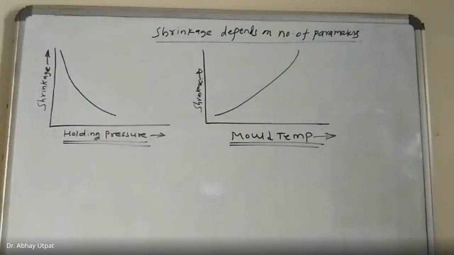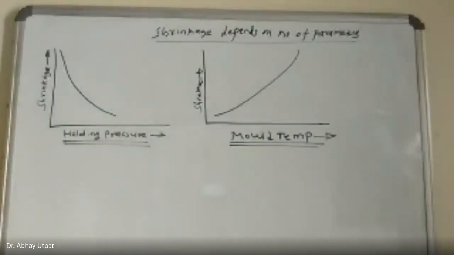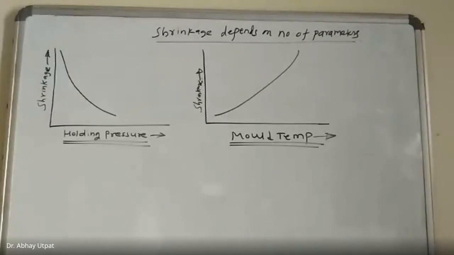So please see these two graphs. The first graph is holding pressure. As holding pressure increases, shrinkage decreases. But as mold temperature increases, shrinkage increases. Now the second is wall thickness.